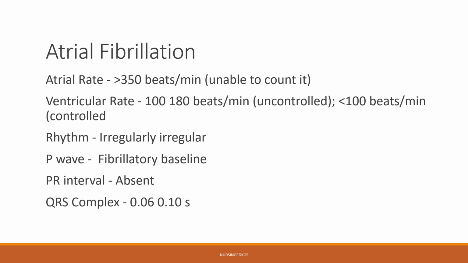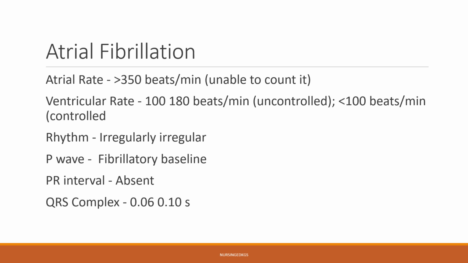Now, in atrial fibrillation, the atrial rate can be above 350 beats per minute. So you're unable to count it. And then the ventricular rate can be between 100 to 180 beats. And as I said before, if it's above 100, then it's normally uncontrolled.